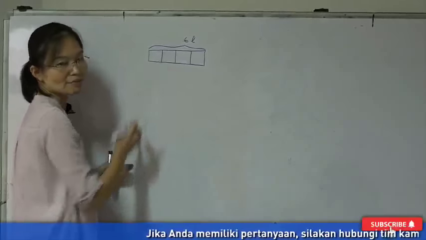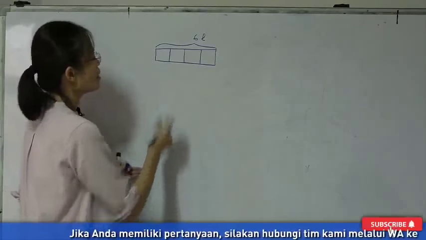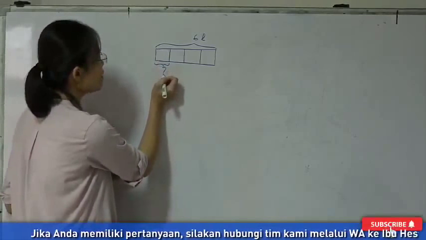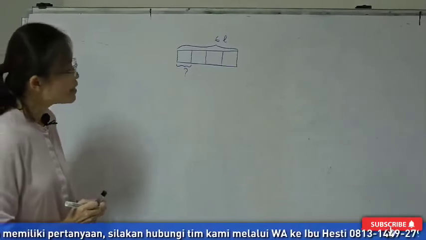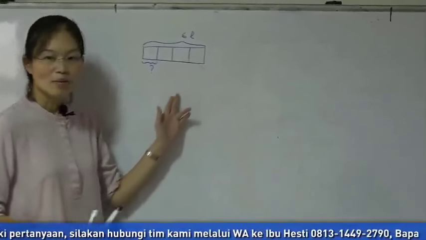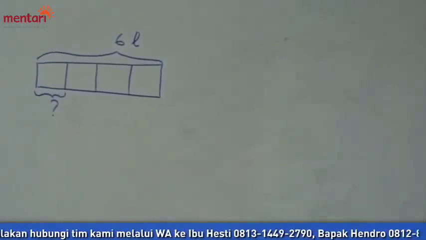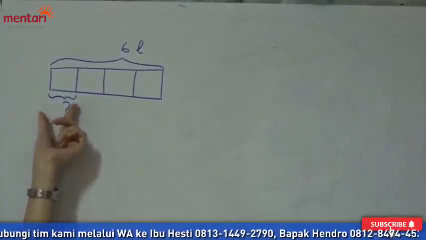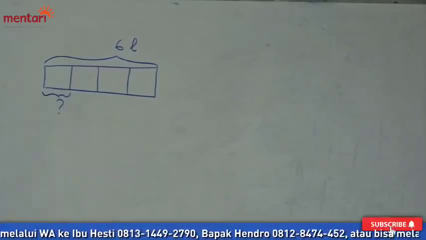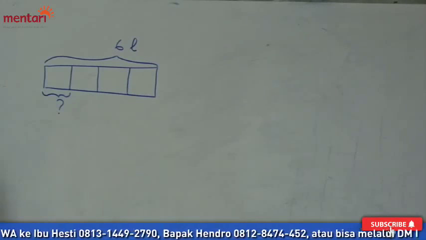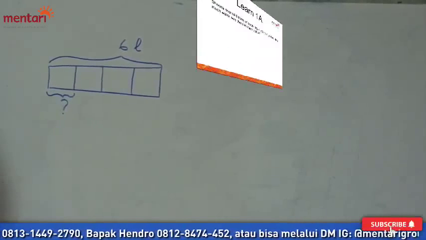If one part represents 1 bottle and there are 4 bottles, that means this part represents the amount of water in each bottle. Now you can see here, this bar model gives you some idea about how to solve the word problem. How do we find the amount of water in each bottle if you are looking at this bar model? Which operation will you use? Do you add? Do you subtract? Do you multiply? Or do you divide?